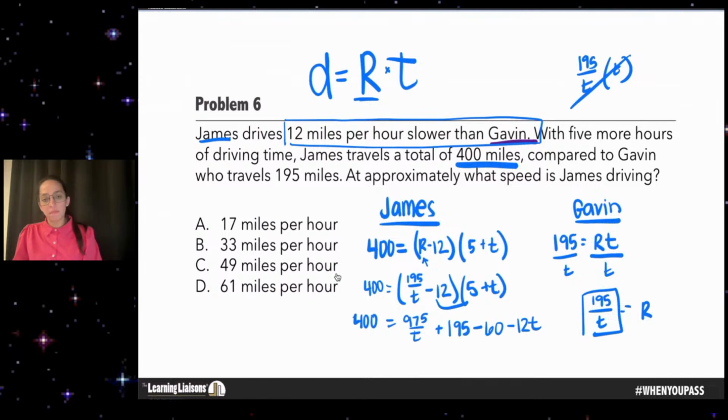You following? If you're taking an elementary test, you don't need to follow this. 195 minus 60 is 135. So 400 equals 975 divided by T plus 135 minus 12T.